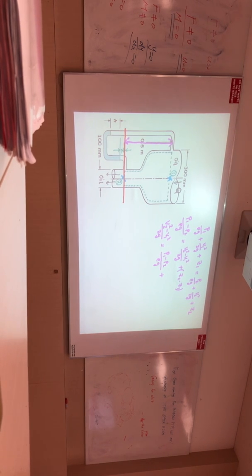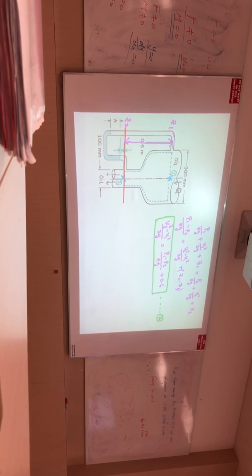Because here is Z2, here is Z1. So this is another equation. How many equations? 2 equations, right? Previous one I wrote 1, now is another.